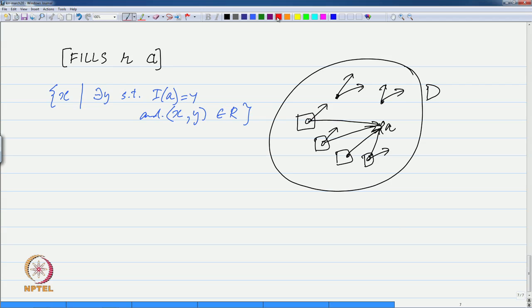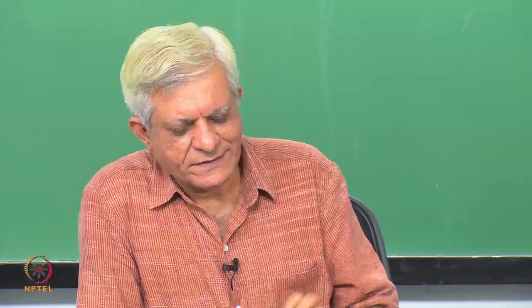So, as an example you can say fills voted Alvin essentially. So, this is a set of all those people who voted for Alvin essentially, where Alvin has to be a constant essentially, right.